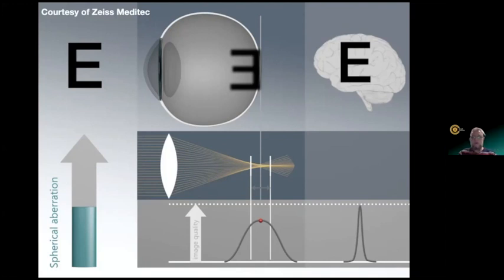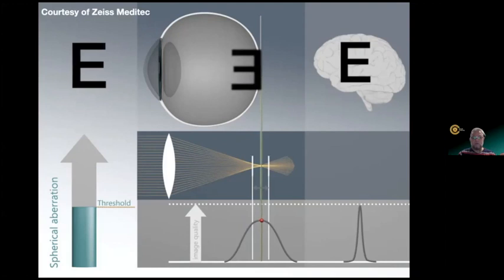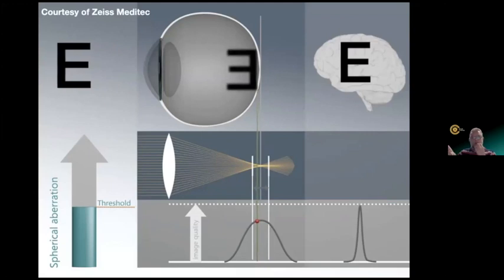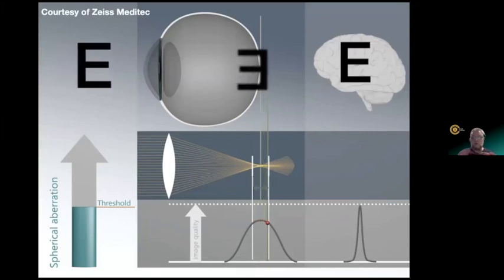Now, what is the benefit of this if it is non-toxic? It helps that if the letter moves forward and backward, although it is a little bit more blurred on the retina, it will stay clear in the brain. Look at this, now it is moving backward and forward, and it is still very clear in the brain. But if it moves out of this range, then it starts blurring in the brain.